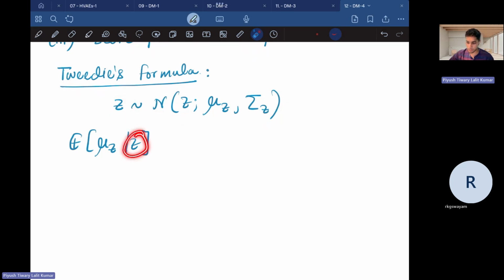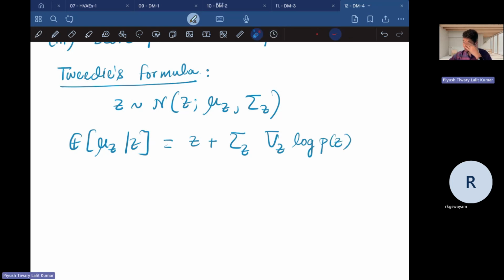Having seen this z, what is the expected value of your mean? You want to estimate the mean of the distribution from which you sampled this sample. Tweedie's formula tells you that the expected value of mu z given z is nothing but z plus sigma z times the gradient of log p of z.